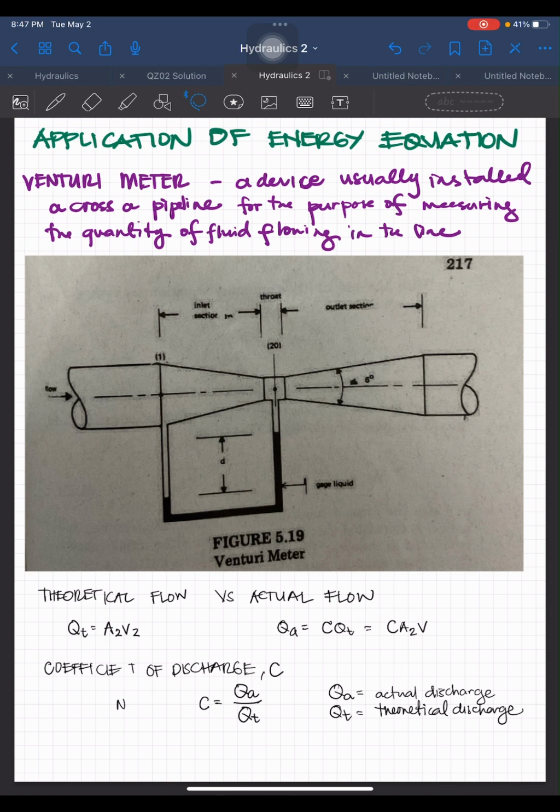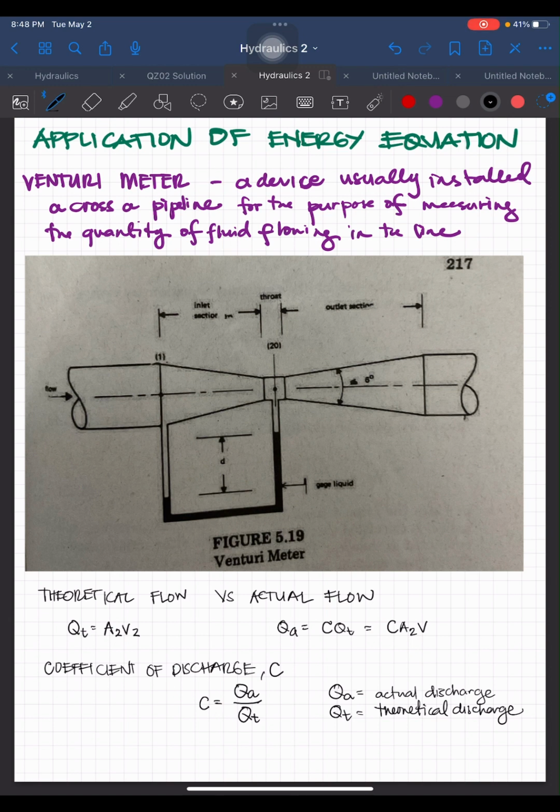Otherwise, kapag meron tayong tinatawag na coefficient of discharge, which is denoted by the symbol C, which is simply the ratio of the actual velocity to the theoretical velocity, it usually ranges around 0.95 to 0.98 ganyan. So andun lang yung difference, no. Okay?